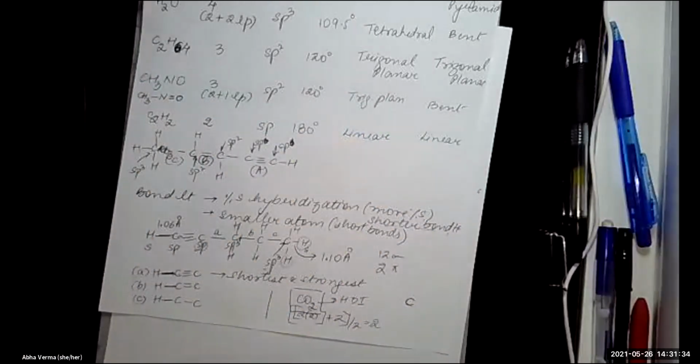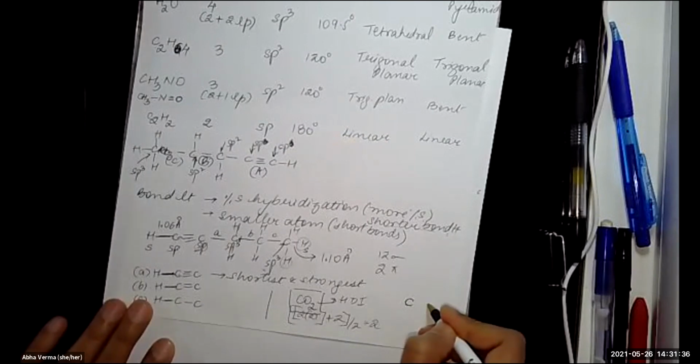Very good. So what is the first thing that you will do to draw the Lewis structure of carbon dioxide? To choose the multivalent atom. Very good. So this carbon, I'm going to draw my multivalent atom first, right? And then what would I do?